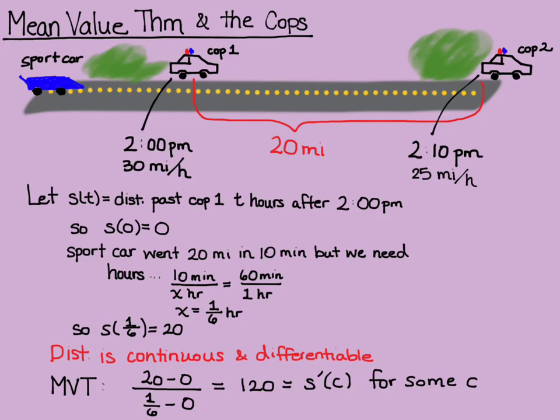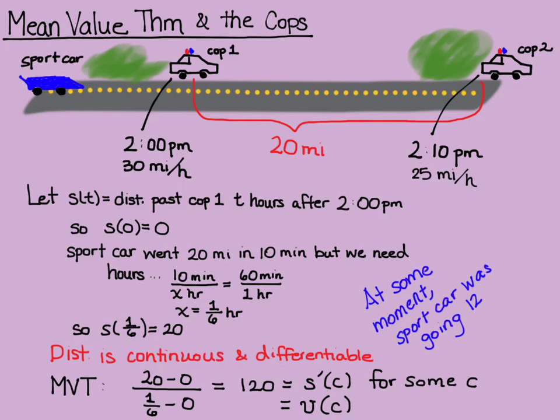Notice, however, that if S is the distance, we know that S prime should be the velocity. So that means the car was traveling 120 miles per hour at some moment in between the time that he was passing the two cops. Therefore, he was obviously speeding, even though neither cop saw him speeding.